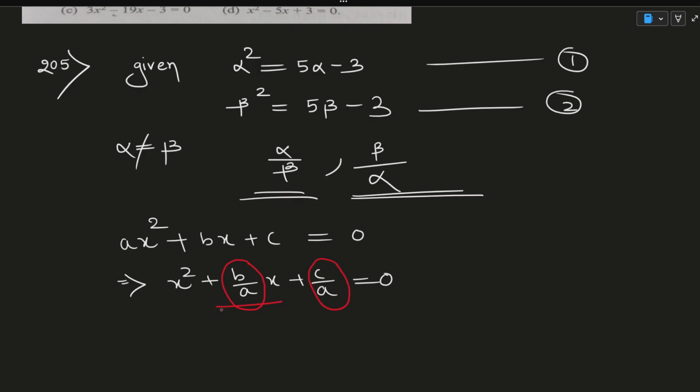So here b by a is what? The sum of two roots of this equation.